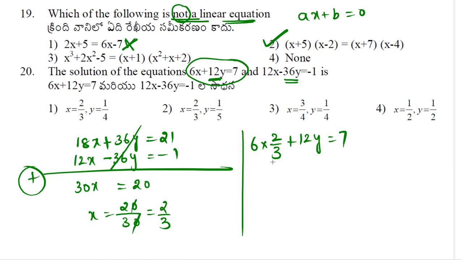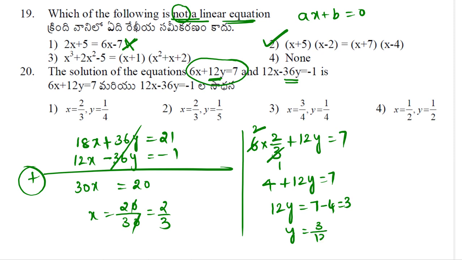So this is 3 times 1 and this is 3 times 2. 2 times 2 is 4. 4 plus 12y equal to 7. Now 12y equal to 7 minus 4, which is equal to 3. y equal to 3 by 12. So 3 times 1 and 3 times 4. So that is equal to 1 by 4. So x equal to 2 by 3 and y equal to 1 by 4. So option 1 is correct.